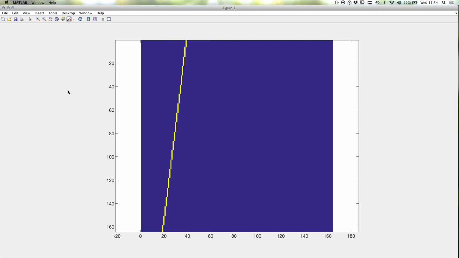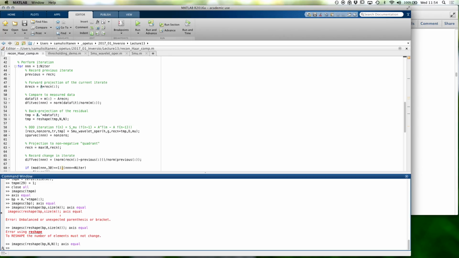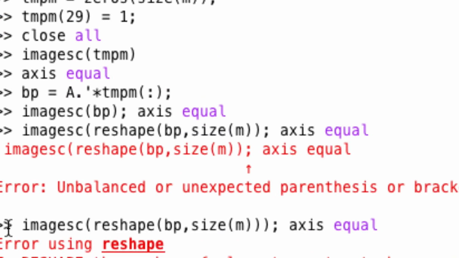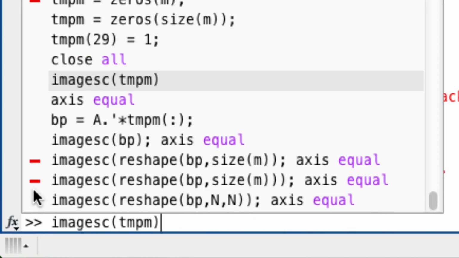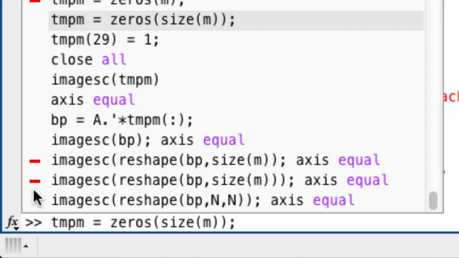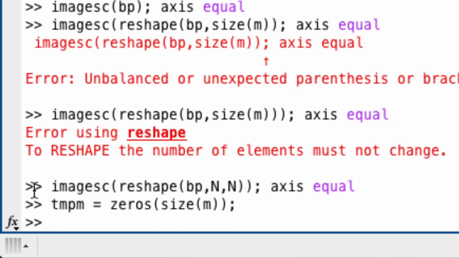Why? What is this? Let's try another one while you think. But that's in the image space, in the space of f, n by n images. The sinogram is in the other.